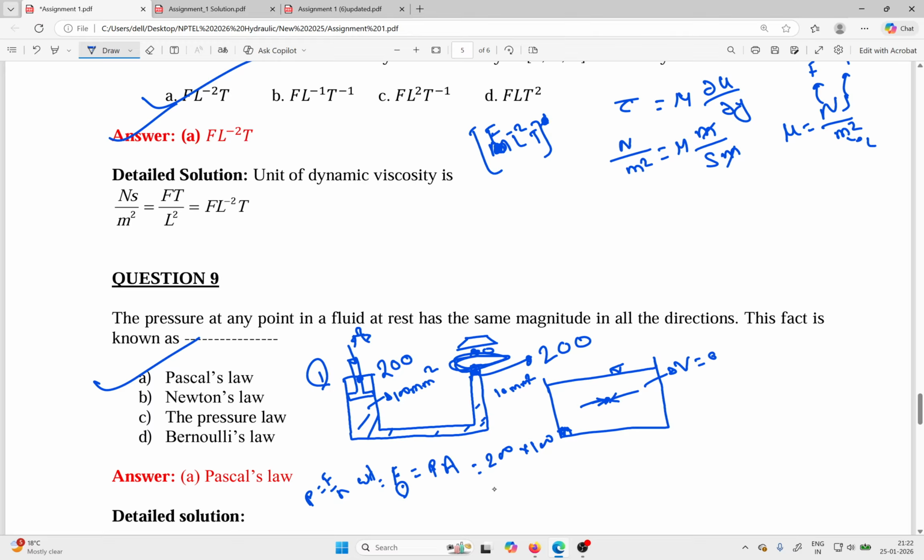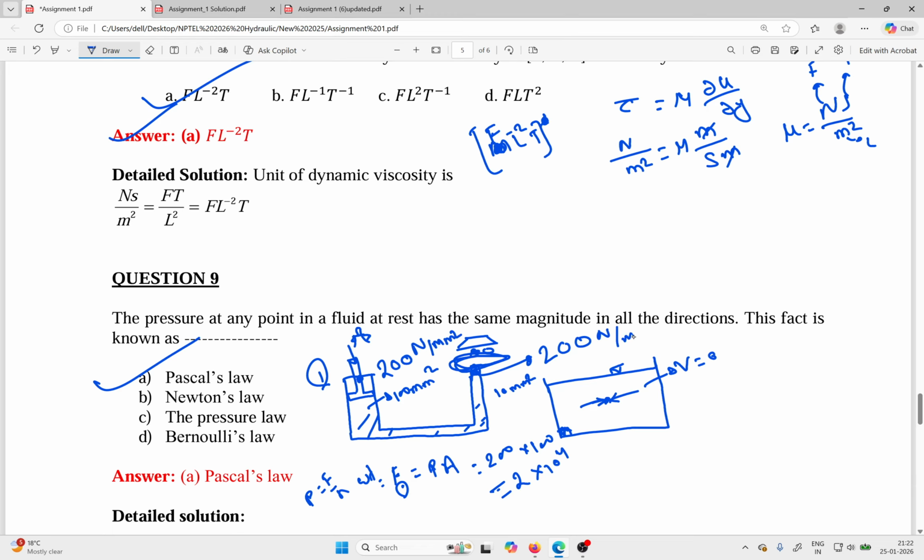So here the force is 200 and 100, so 2 into 10 to the power 4. And this is your Newton per mm square.